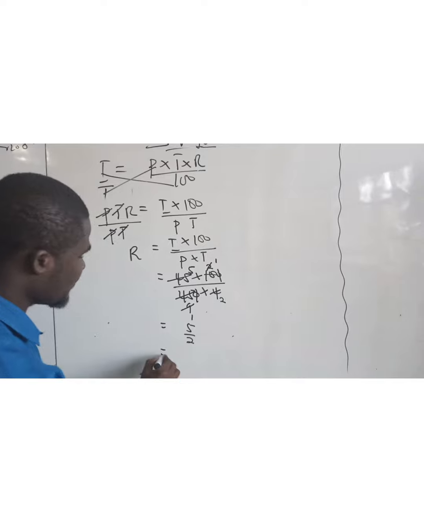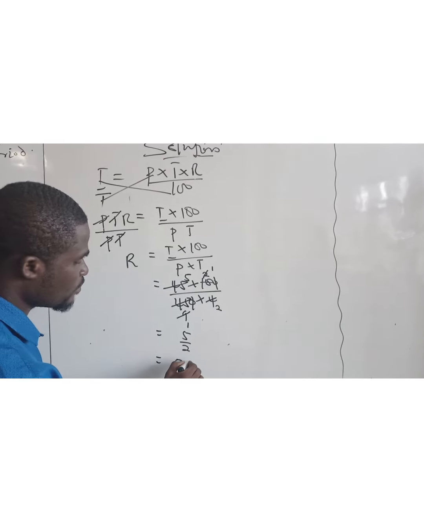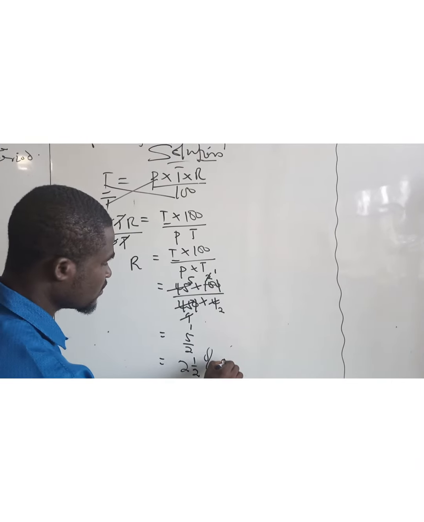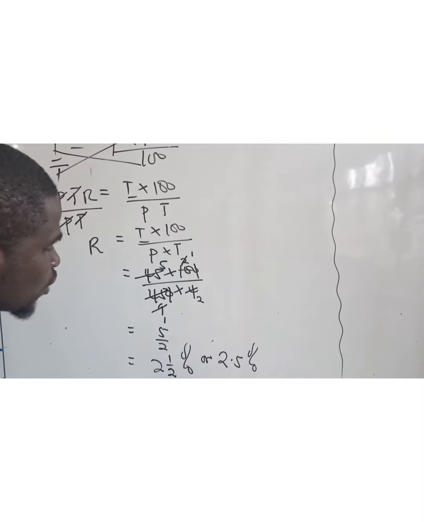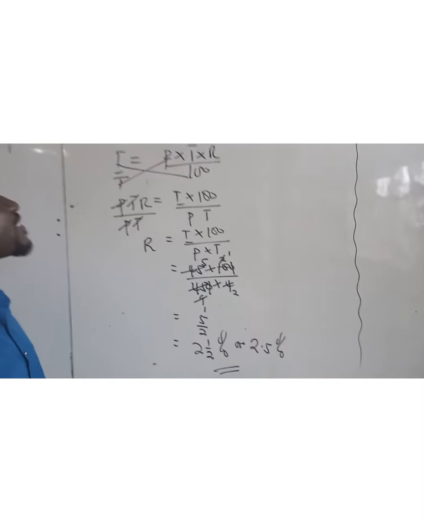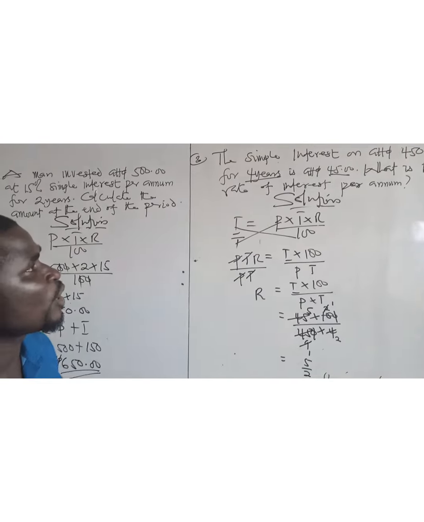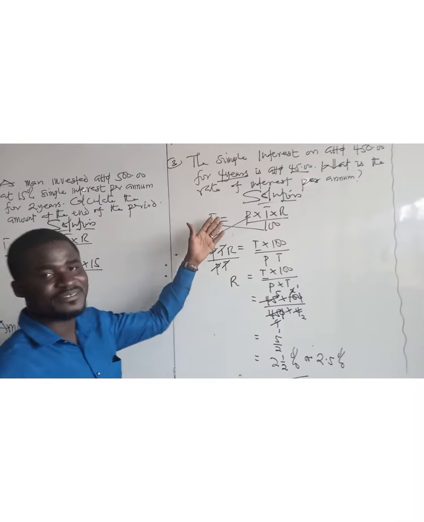And 5 out of 2 will give us 2.5%. So this is the rate of simple interest on 450 Ghana cedis for 4 years.